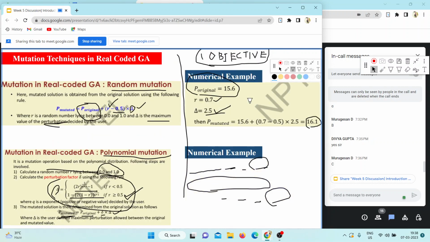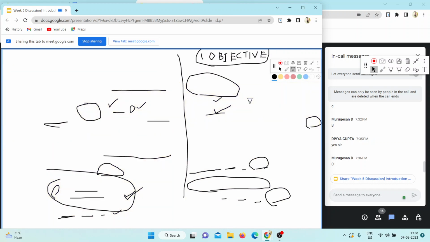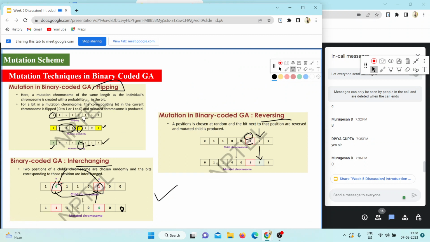See, in all these mutation schemes, in the mutated offspring you can see the lengths are the same: 1 2 3 4 5 6 7 8. Here also there are 8 bits, and in the mutated one also 8 bits. Similarly here you can see 4 and 4, and here also 8 bits.